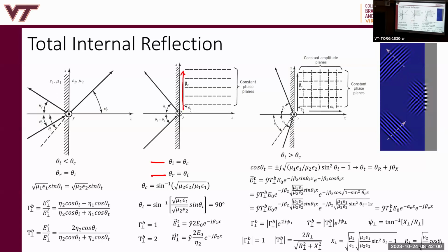The constant phase planes are orthogonal to the beta vector, so it's like a plane wave traveling along the interface. But it's evanescent: it decays in this direction. The amplitude will decay like that.